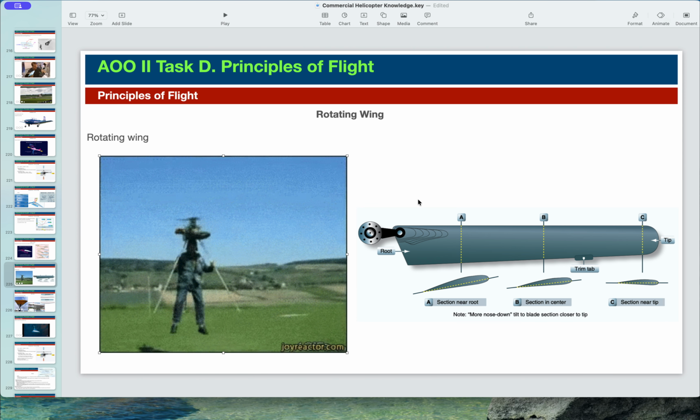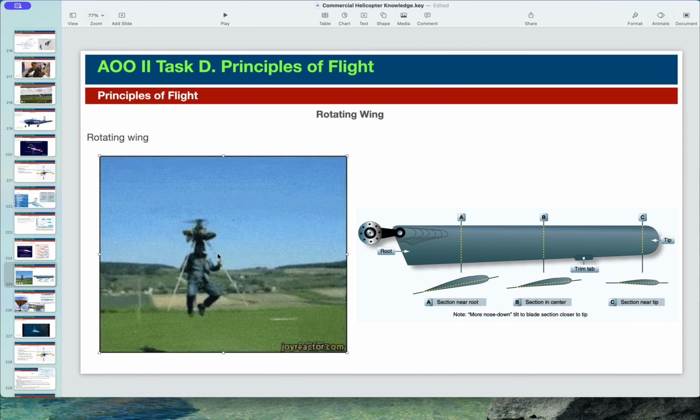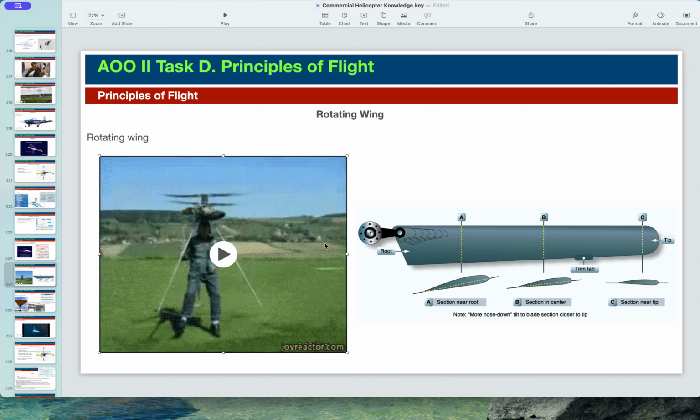Helicopters have a wing. Our wing just rotates. And there are a number of different types of wings on helicopters. Most of them have two types: the wing on top, which is our main rotor, and the wing on our tail, which is our tail rotor. These are the same concept as an airplane wing, just slightly different in their cross-section and how their angle of attack is created, because we have different lift sections on our rotor wing.